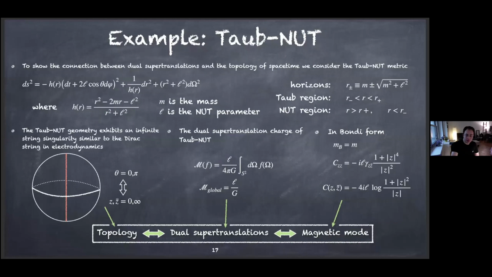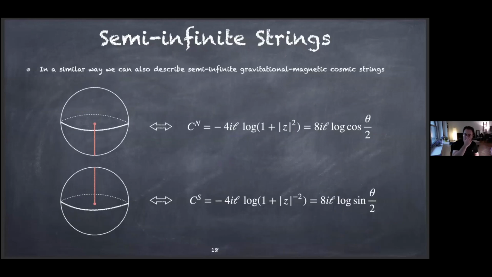Before I get to, this is called the Misner construction. Before I explain the Misner construction, I want to explain one more point. We can also describe semi-infinite strings in a similar way with a metric that is defined by an imaginary boundary graviton that takes the following expression, which is slightly different from the expression that I showed for the infinite string.